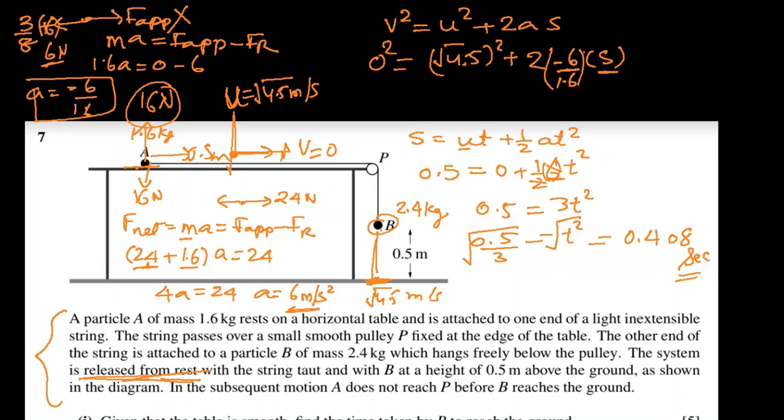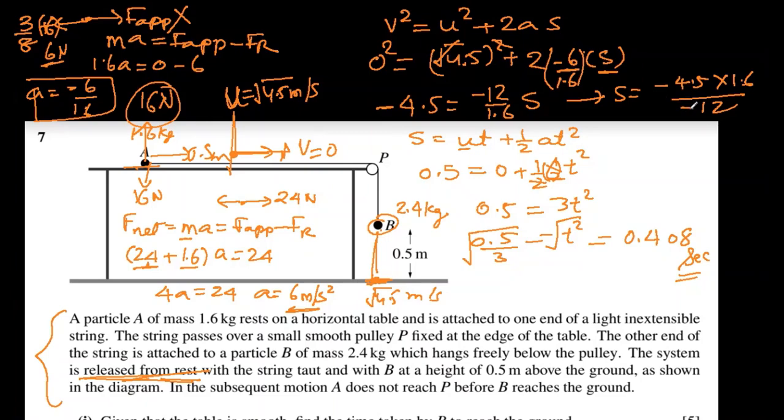And now we can find how much further it will go after B had touched the ground. So this square and square root cancel out, and we can bring this to the other side. So minus 4.5 equal to, can you cancel something here? No, minus 12 over 1.6 S. And finally, S equal to minus 4.5 times 1.6 divided by minus 12.